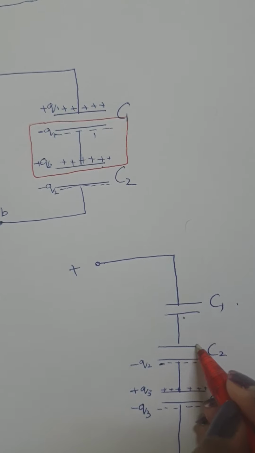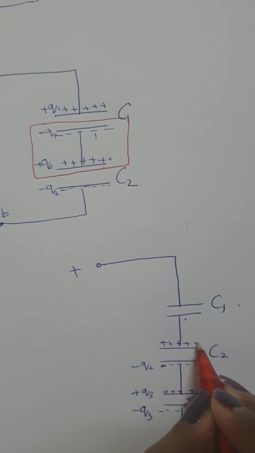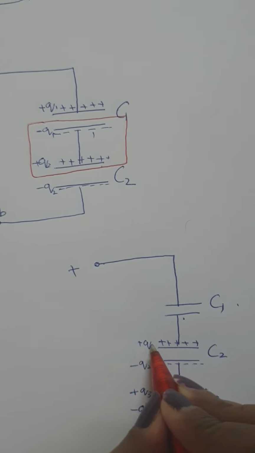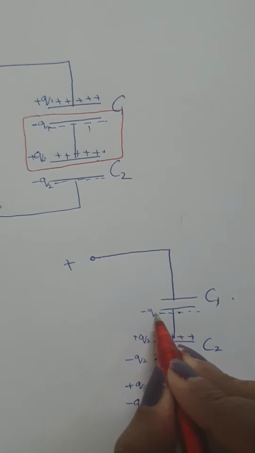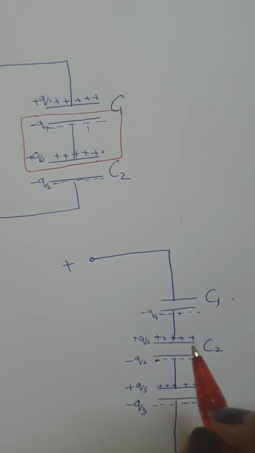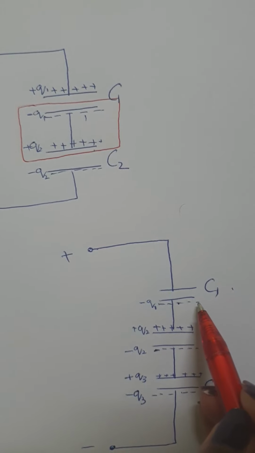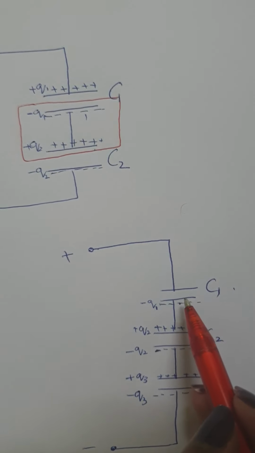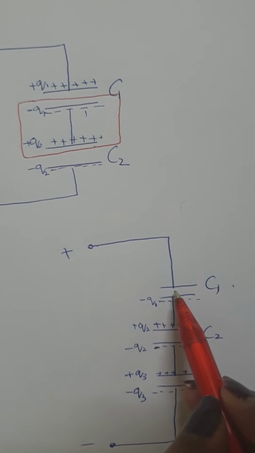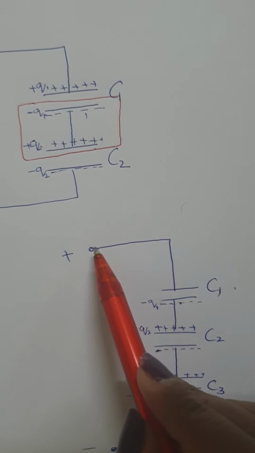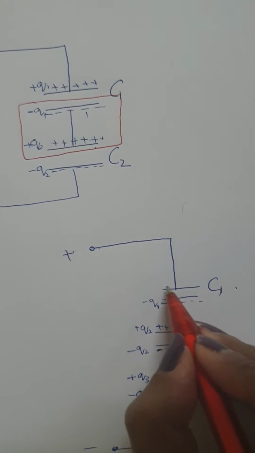So this plate becomes positively charged and this one becomes negatively charged. Finally, the charge on the bottom plate of capacitor 1 helps to move negative charge from the top plate of capacitor 1 to the battery, leaving the top plate with positive charge.